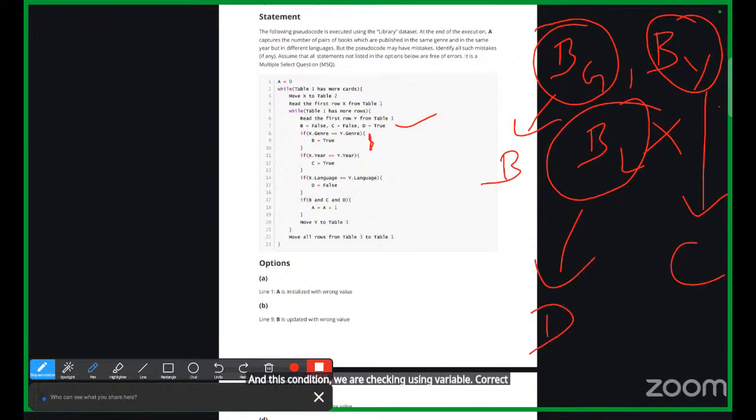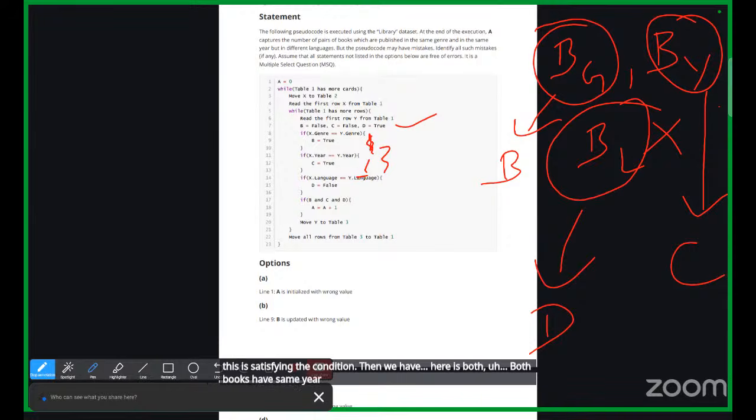Correct? Lines 8 to 10 look fine because we are just checking whether genre are same or not. If they are, we are just saying B is equal to true, because this is satisfying the condition. Then we check whether both books have the same year or not.